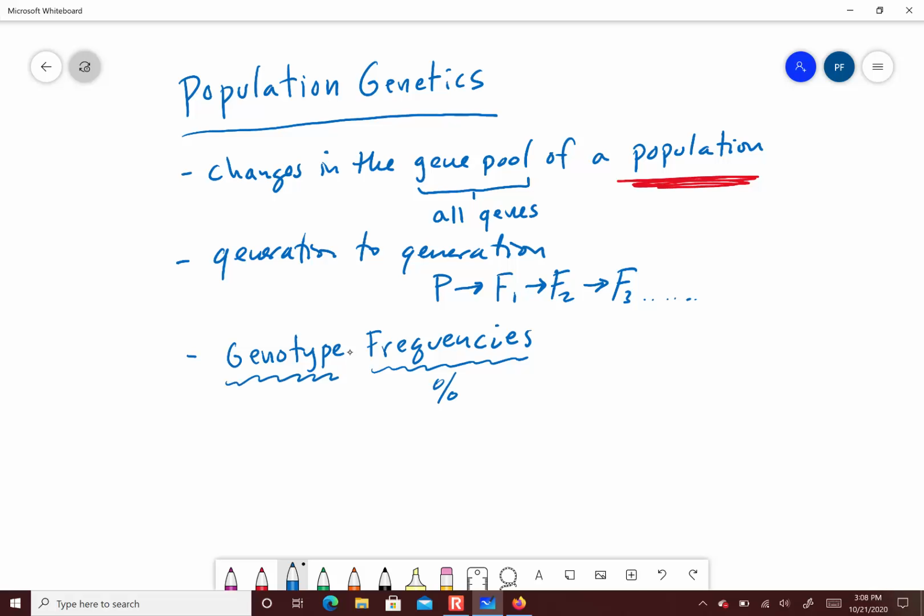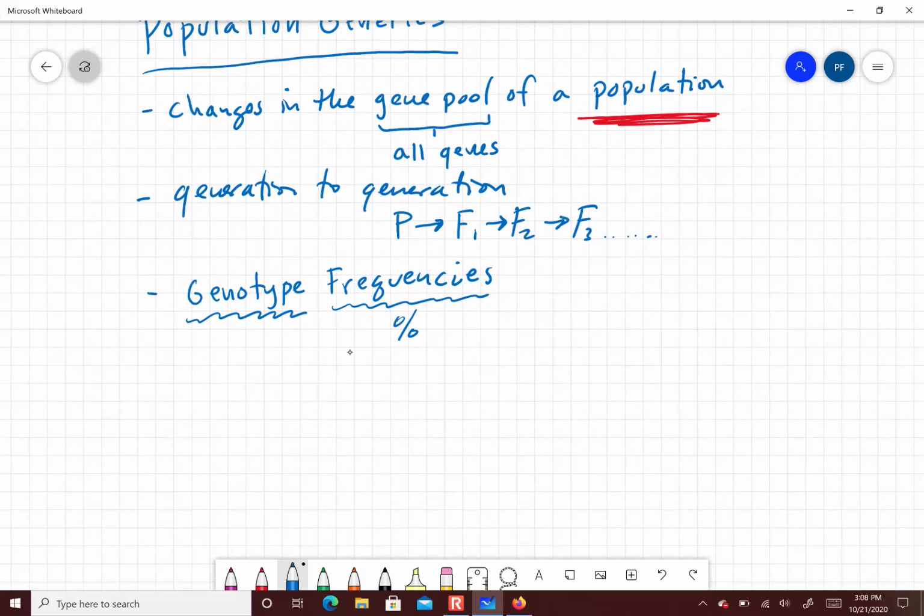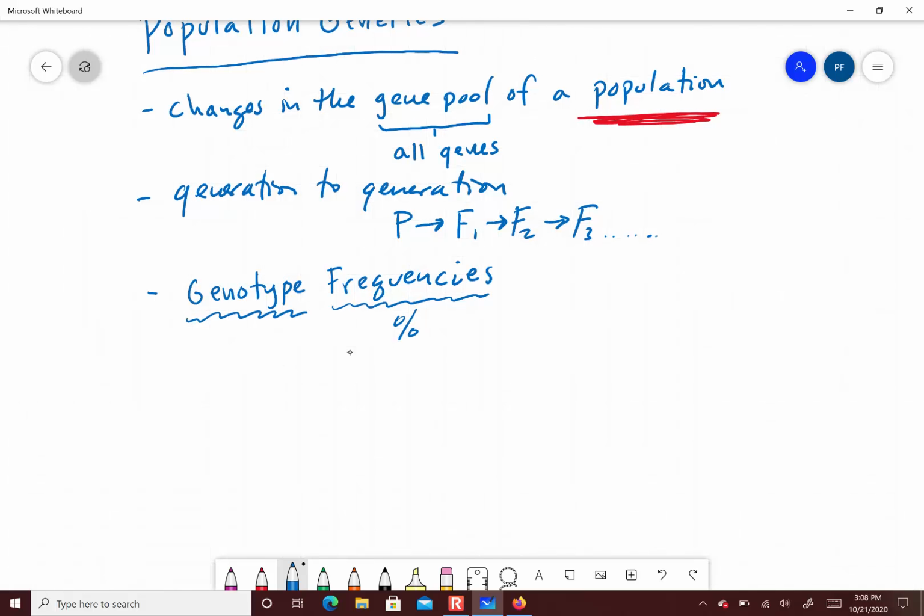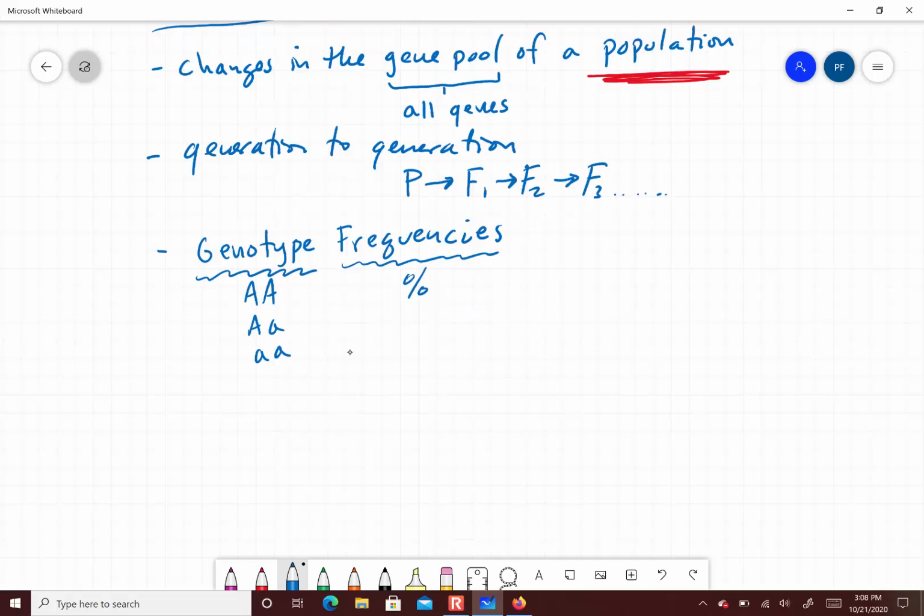And remember our genotypes, sticking with basic simple inheritance: homozygous dominant, heterozygous, homozygous recessive. So we could be looking at the percentages of each of those genotypes within our population.